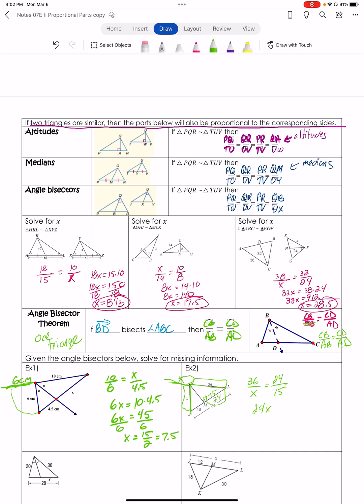So that's 24x is equal to 36 times 15, which is 540. Divide by 24. X equals 22.5.